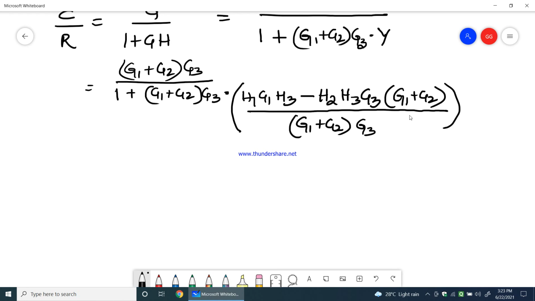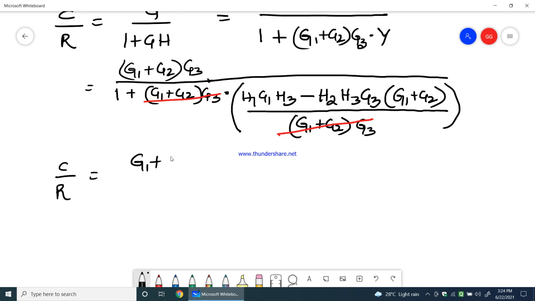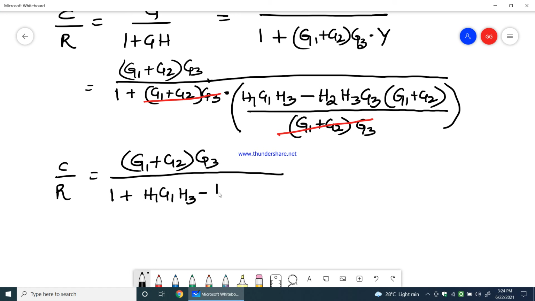Now this whole thing, if you see here, G1 plus G2 into G3 and G1 plus G2 into G3 get cancelled. Therefore, C by R equals G1 plus G2 into G3 divided by 1 plus H1 G1 H3 minus H2 H3 G3 into G1 plus G2.